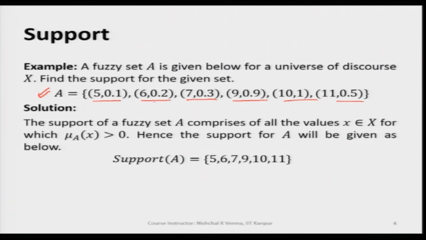Similarly, we have 1, 2, 3, 4, 5, 6. So, in this discrete fuzzy set we have 6 elements.